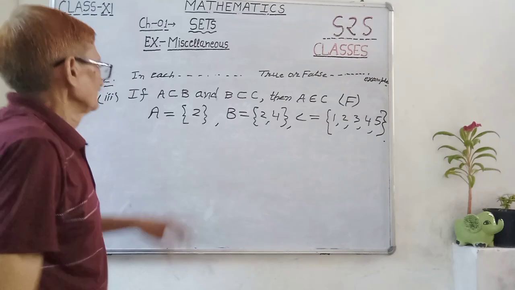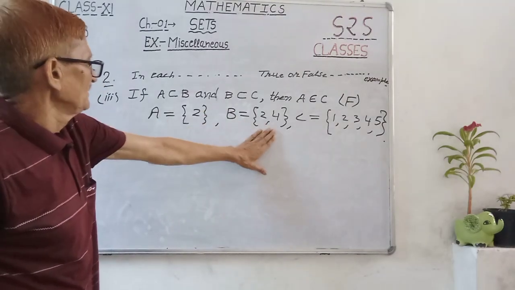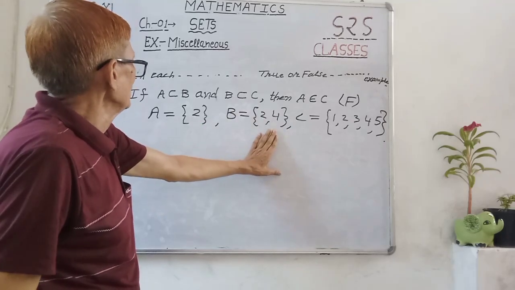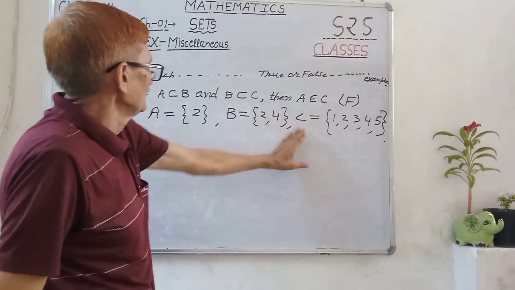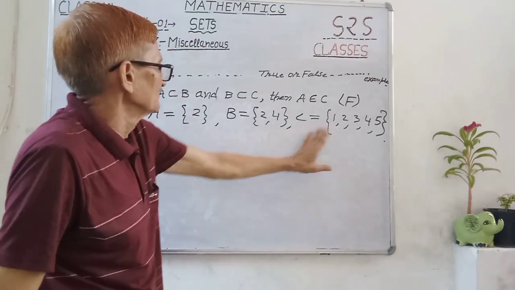We can say set A is the subset of B because every element here, 2, belongs in B, and B is a subset of C. Every element of B is in C. 2, 4 is there. B is the subset of C.